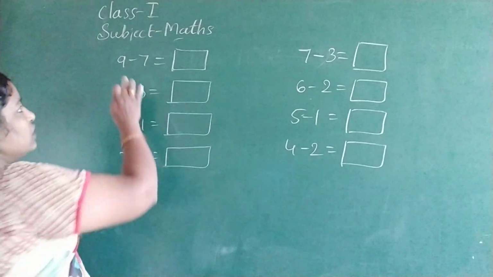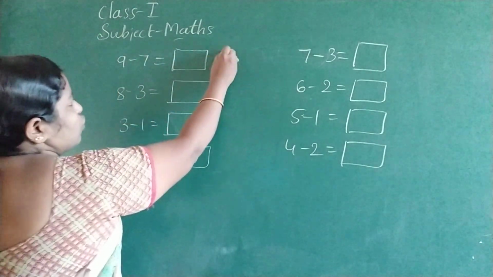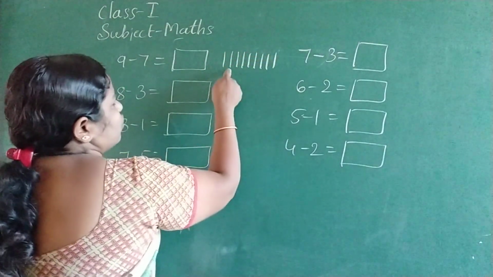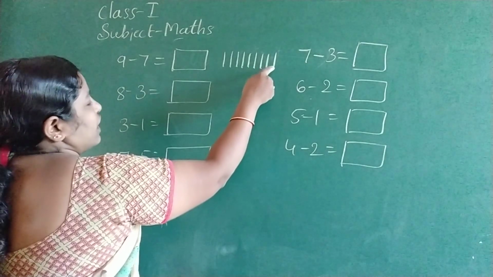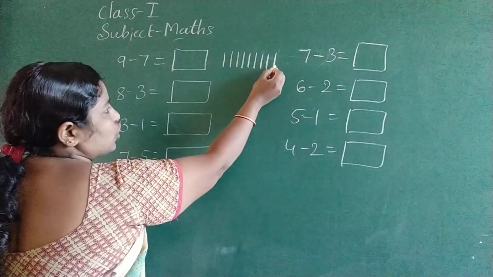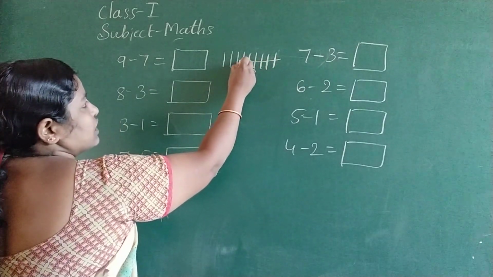So do it. The big number you should identify. That is 9. Those many lines you should draw. See. 1, 2, 3, 4, 5, 6, 7, 8, 9. We should do minus 7. So 7 lines you should cross. 1, 2, 3, 4, 5, 6, 7.